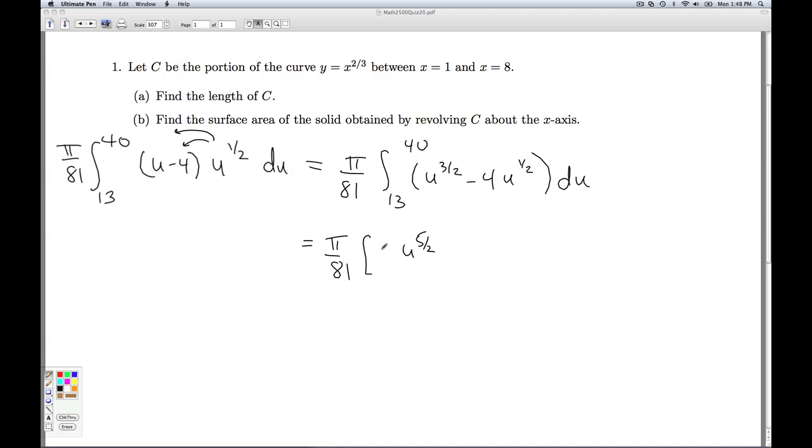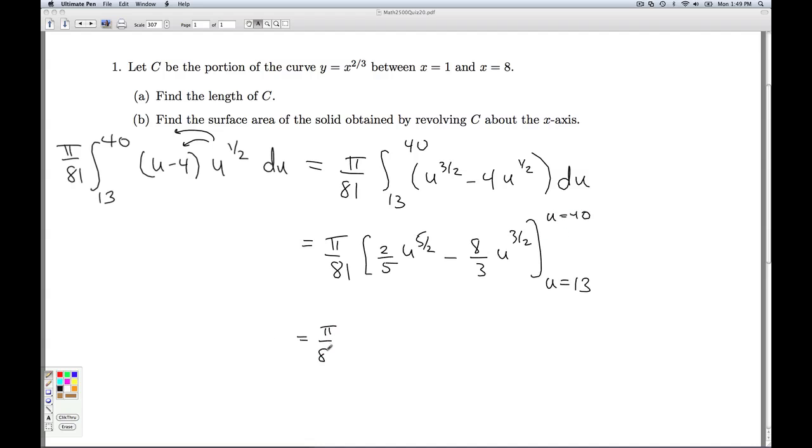And when you divide by 5/2, you're multiplying by 2/5, minus. Add 1 to this, you get u to the 3/2, divided by 3/2 gives you 2/3. Multiply that by the 4, you get 8/3. I'm evaluating this from u equals 13 to u equals 40.